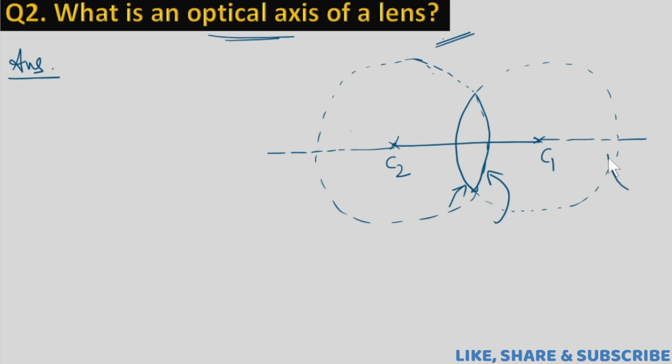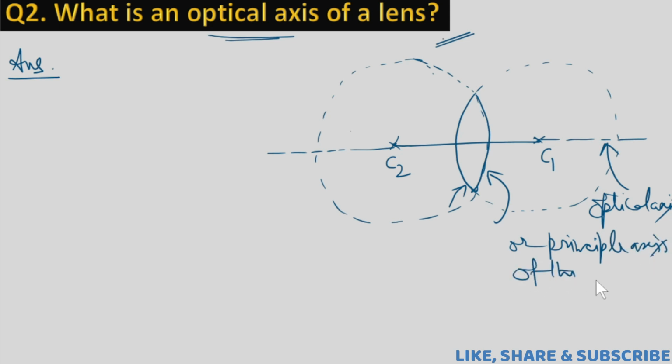This straight line is called as the optical axis, or the principal axis, the axis of the lens. Interestingly, centermost part of the lens is called as the optical center, and this lies on this principal axis. So in fact, O, C1, C2, they lie on the same straight line.